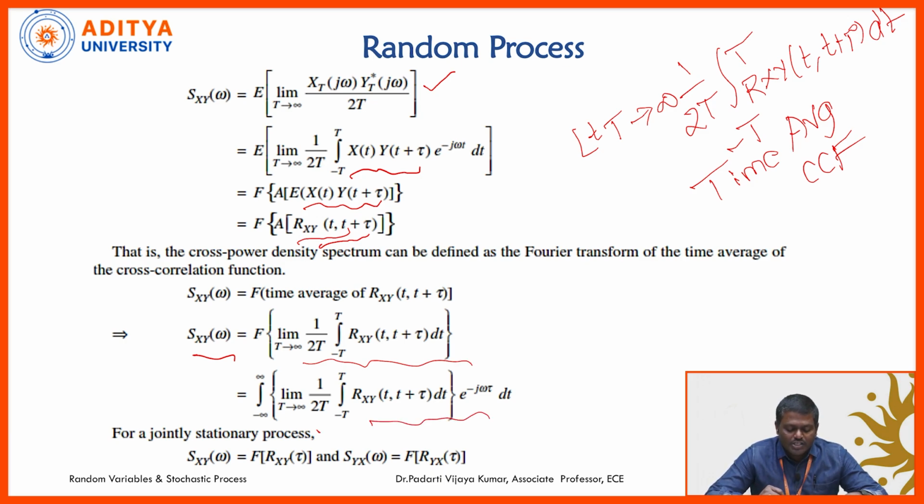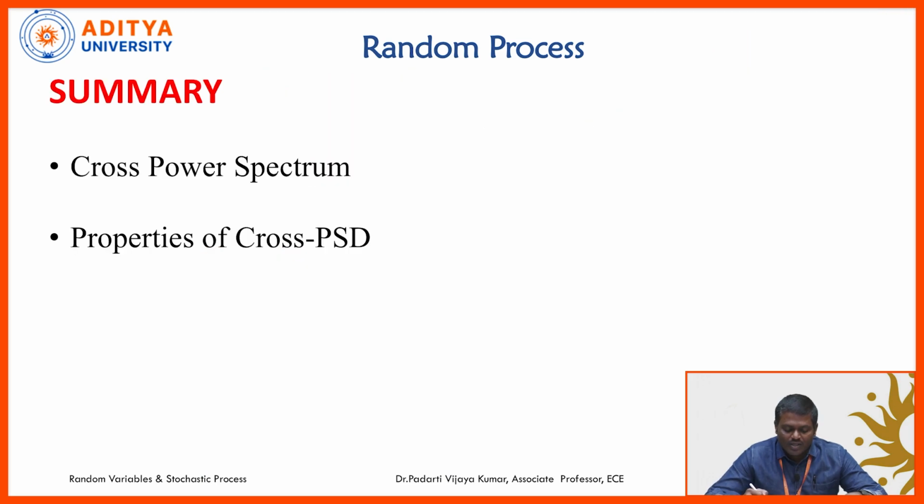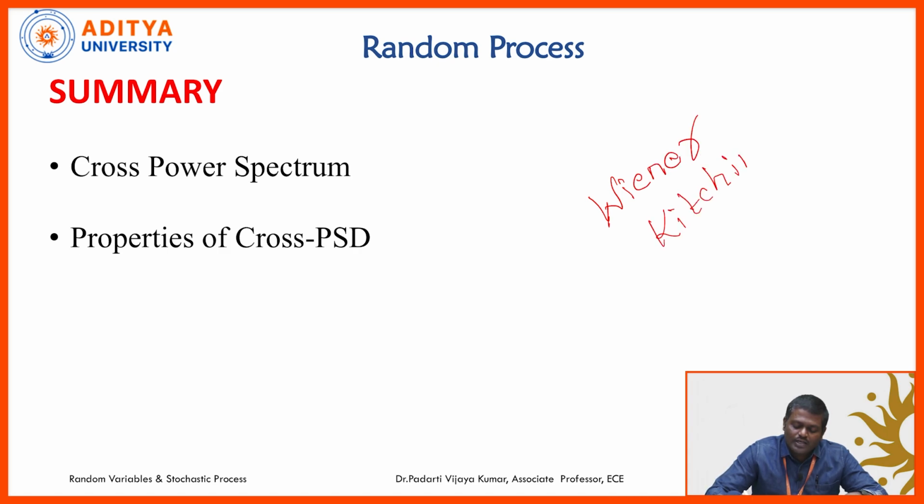So, if it is a stationary random process, simply it will be equal to Rxy of tau. If it is a wide sense stationary random process, Sxy of omega is equal to the Fourier transform of the cross correlation function Rxy of tau. Okay. So, this Wiener-Khinchin relation is very important, and we will see the problems related to the Wiener-Khinchin relation in the next session.